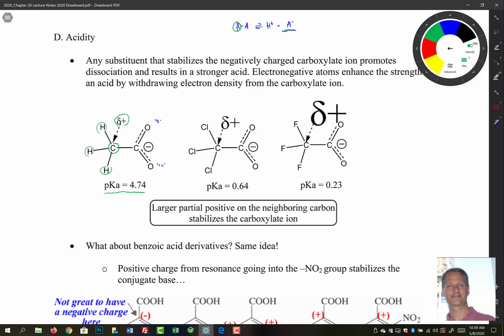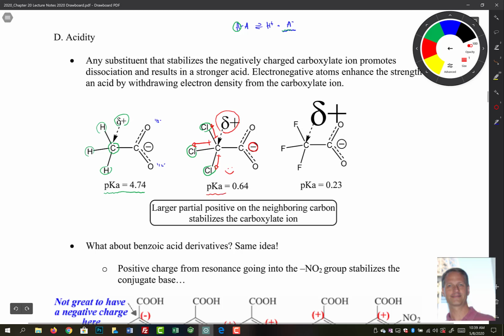Now, if we take off those H's and we place chloro groups here, then what's happened is you have increased that delta plus quite a bit, because now you have this big electron pull, right, from those electronegative chlorine atoms. That bigger delta plus adjacent to this minus is a good thing. So that's what we want.